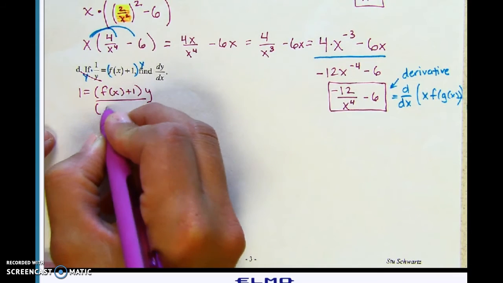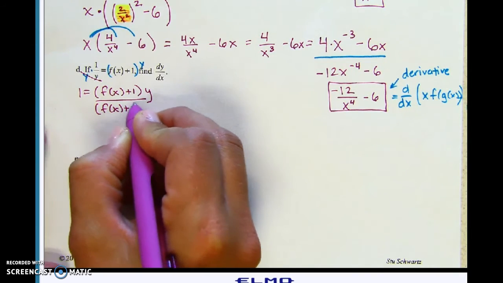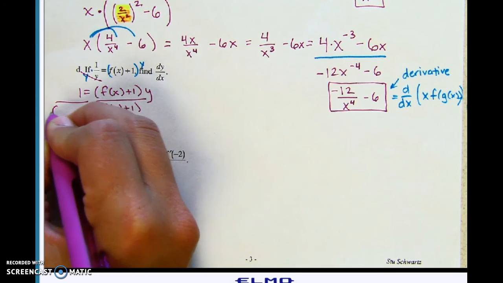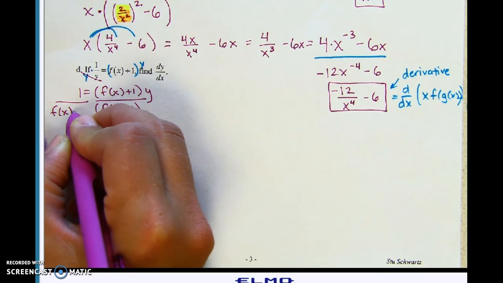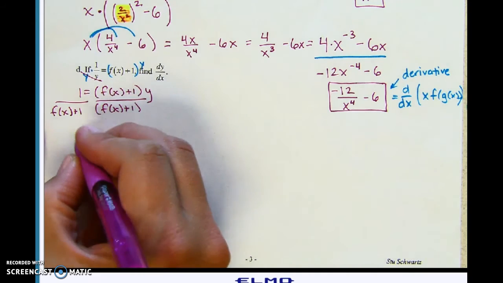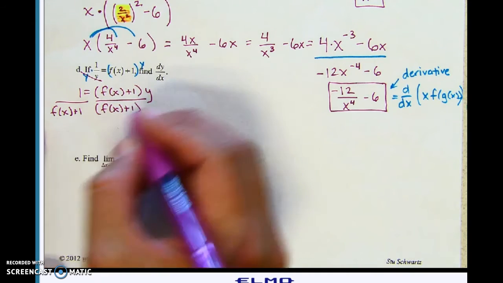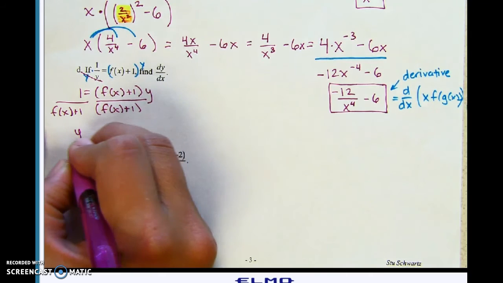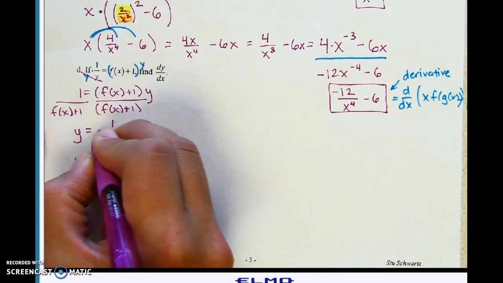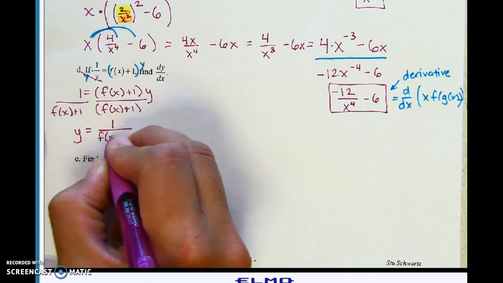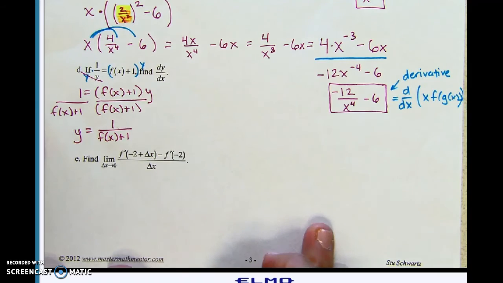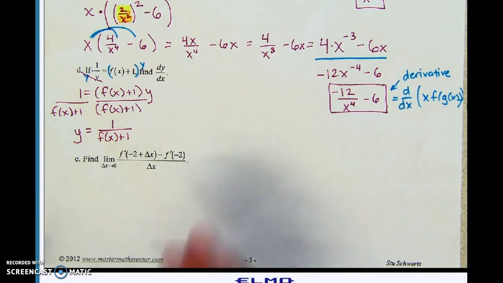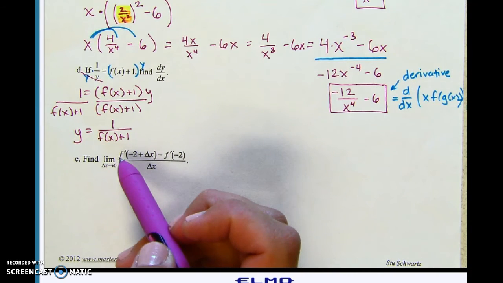Divide by this parenthesis thing, f of x plus 1. Okay. So now we have y equals, I just like to move it to the other side, 1 over f of x plus 1. Okay, that's our y. We're supposed to take that derivative.